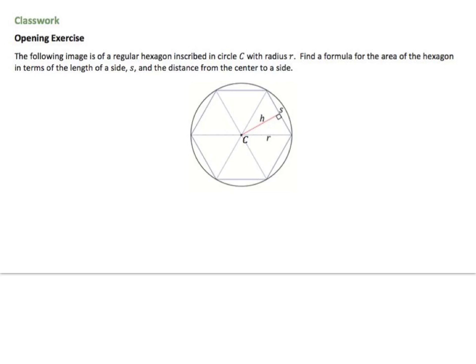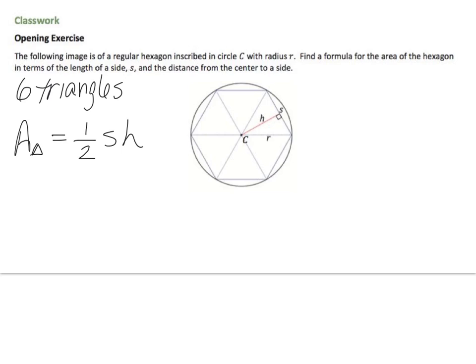So if I have 6 congruent triangles here, I can do the area of one of those triangles. The area of one of the triangles is 1/2 times base times height.